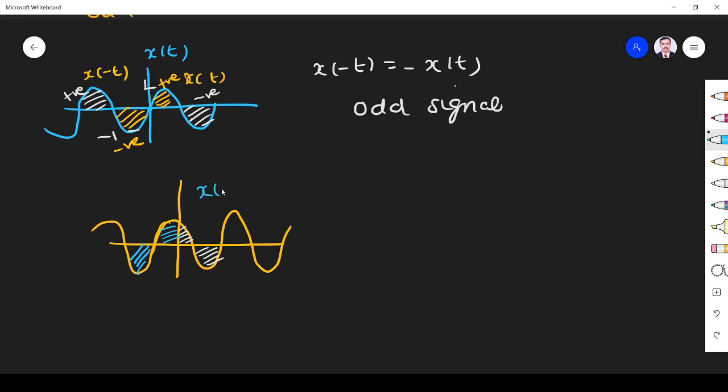So this is x of plus t, here x of minus t, and this value is the same, this value is the same. So x of minus t is equal to x of plus t. So it is an even signal.